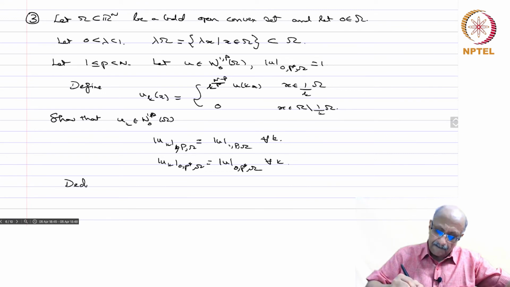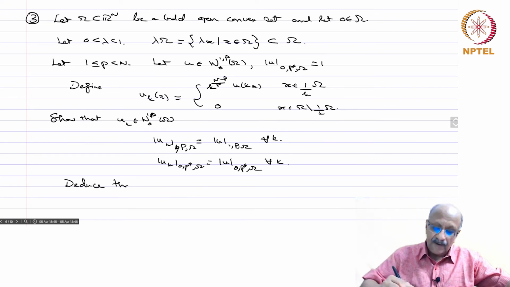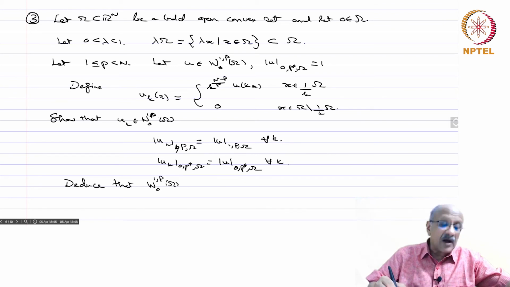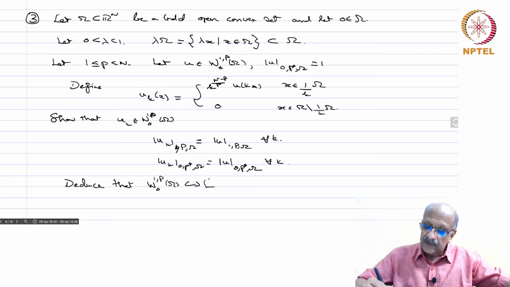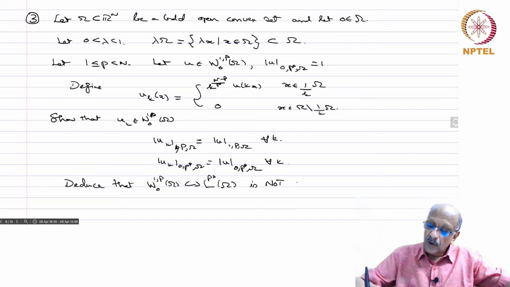Deduce that W^{1,p}_0 of omega included in L^{p*} of omega is not compact.